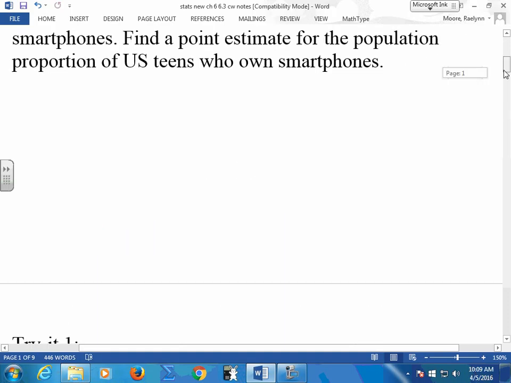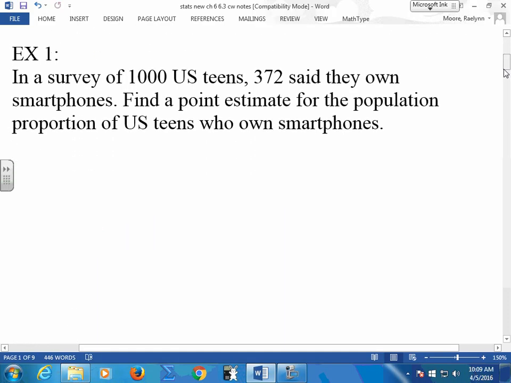So simple enough, we come to the first example and we say, out of 1,000 U.S. teens, do you think this is a sample or a population? 1,000 U.S. teens. Sample, because aren't there lots more teens in the United States? So we've got a sample. 372 said they own smartphones. Find a point estimate for your population proportion.